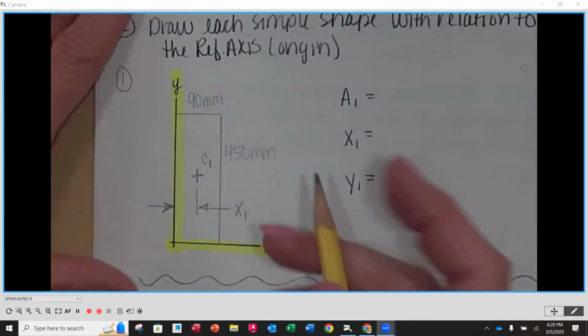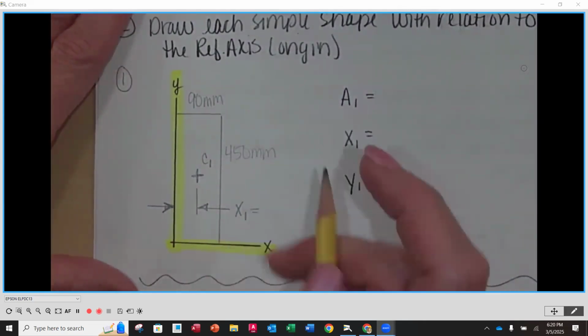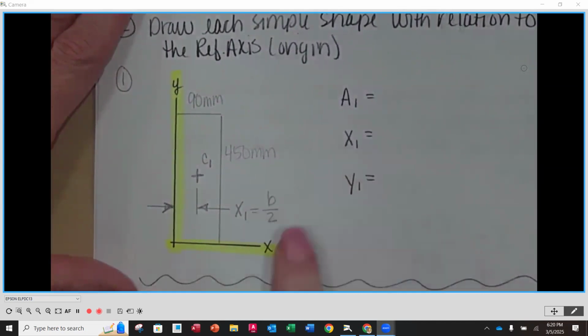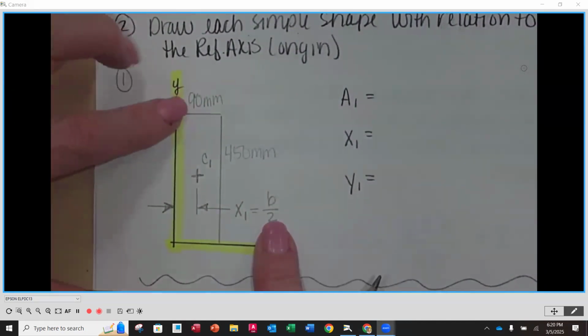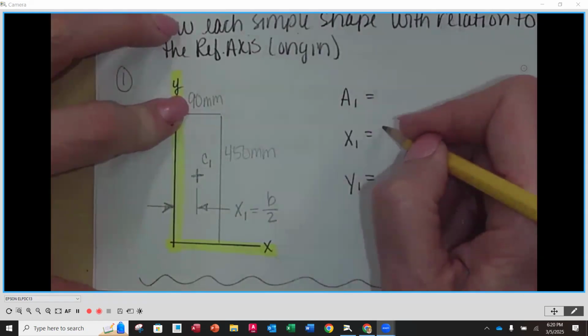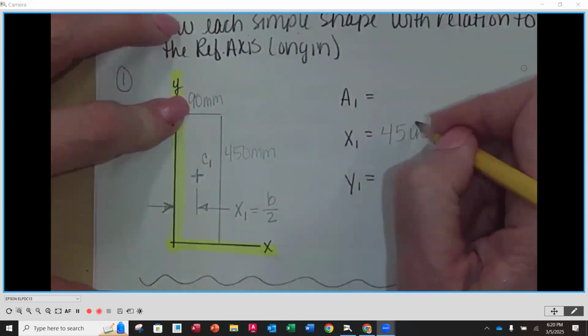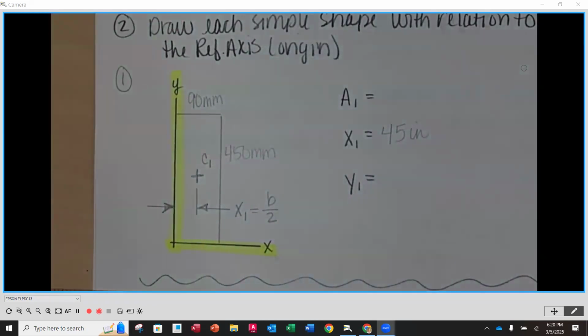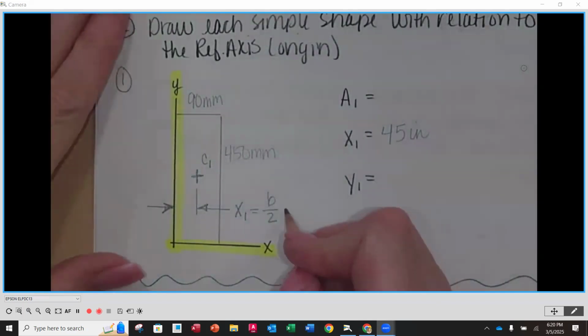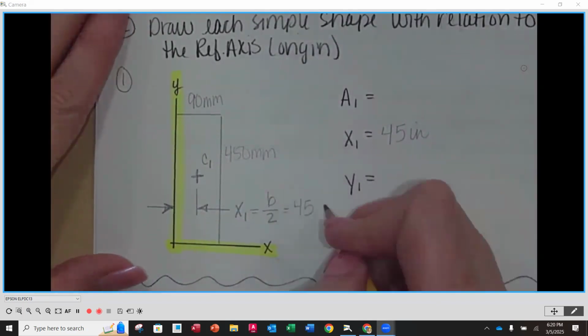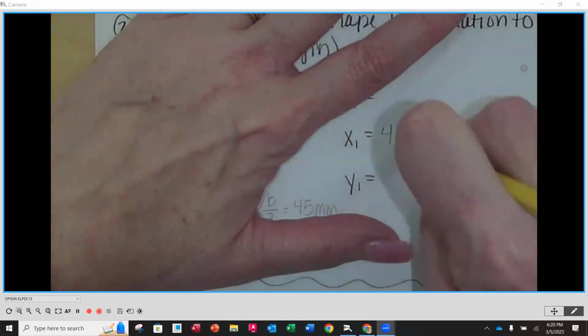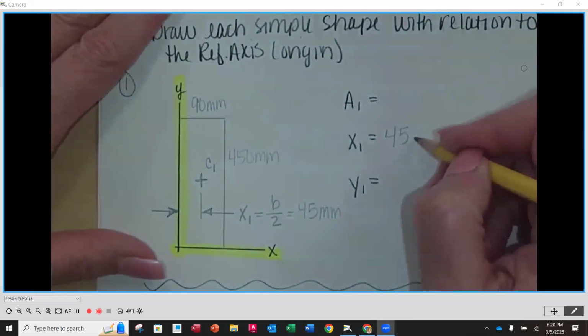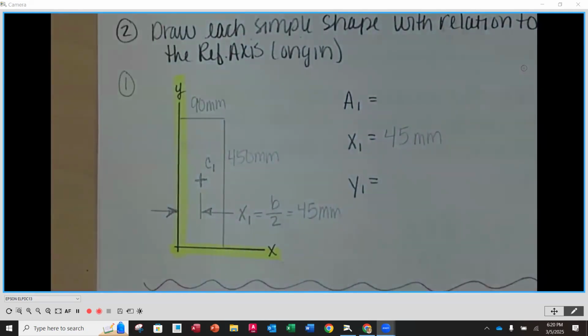And we can see here that x1 is going to be the base of that rectangle divided by 2. The base of the rectangle is 90 divided by 2. So I'm going to put 45 inches for x1. It is millimeters. I was in inch mode from the last example. Millimeters. Thank you.